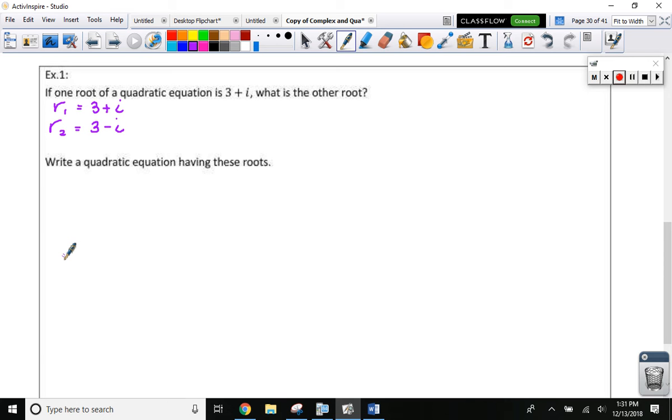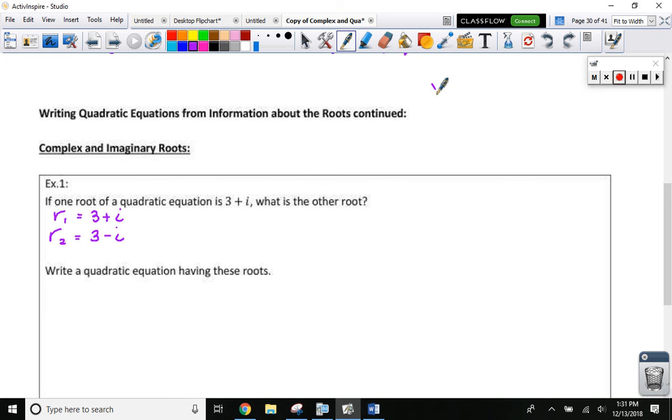Okay. And you know how yesterday, when we've had nice ones like x equals 3 is one root and x equals 2 is another root, we worked backwards: that would be x minus 3, and that would be x minus 2, and it would equal 0, and then I double distribute, and I'm done. So it's nice and easy, right? However, you could do that with these. You don't want to do that with these, but you could.